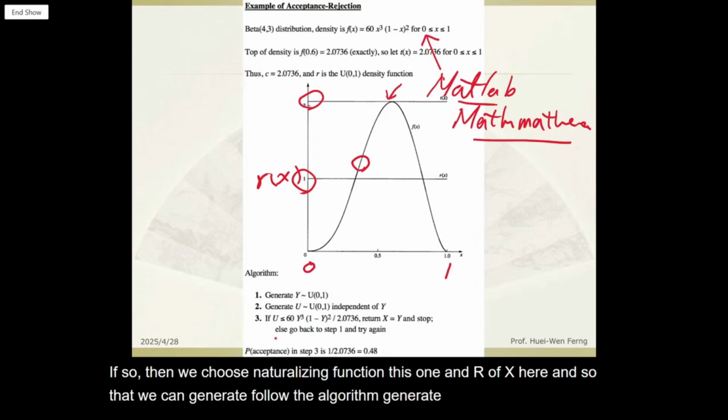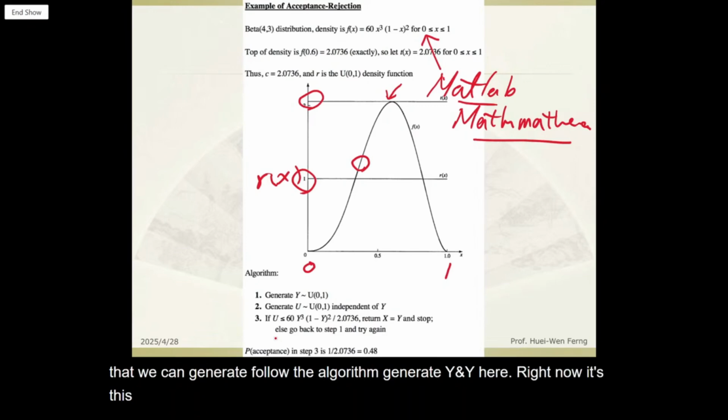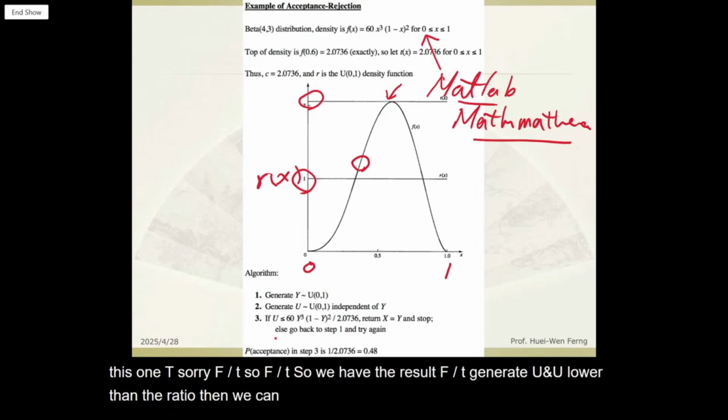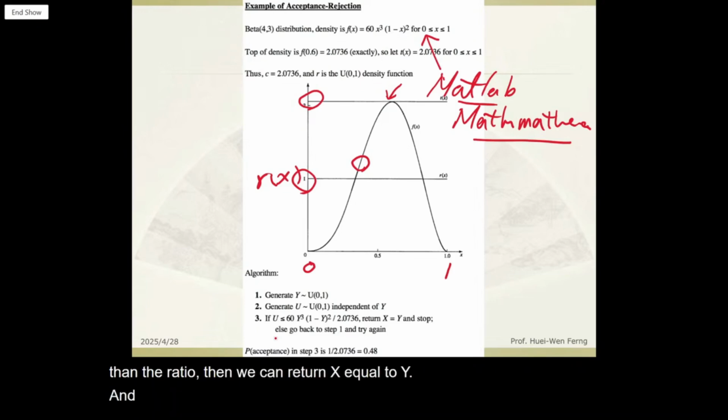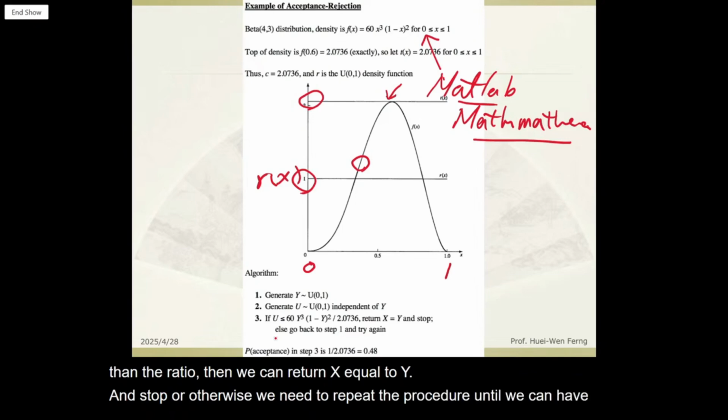And the y right now is this one, f over t. So we have the result, f over t. Generate u, and if u is lower than the ratio, then we can return x equal to y and stop. Otherwise, we need to repeat the procedure until we have the acceptance.